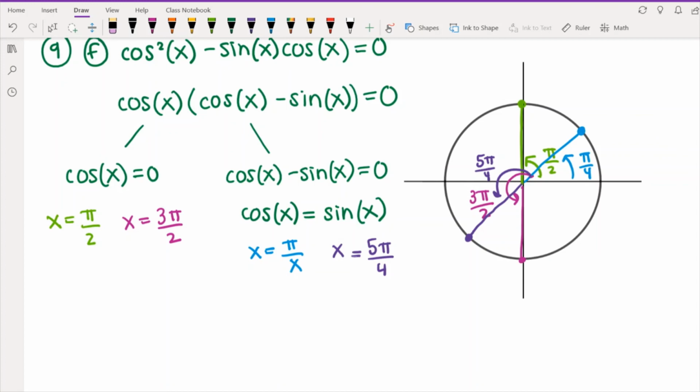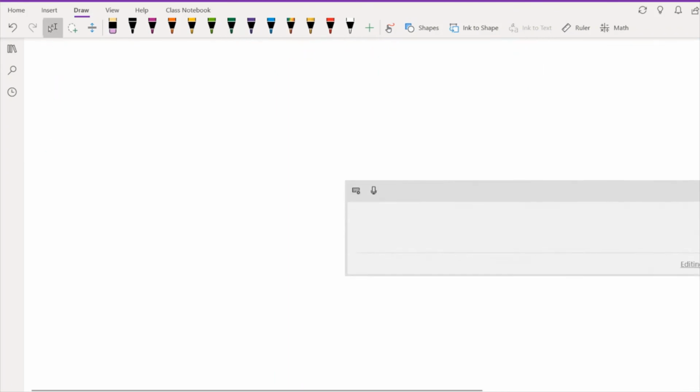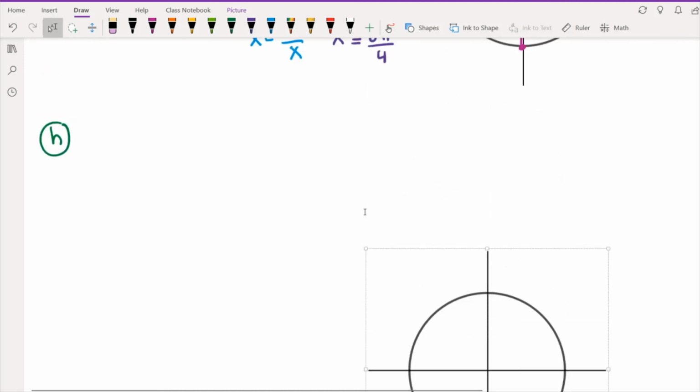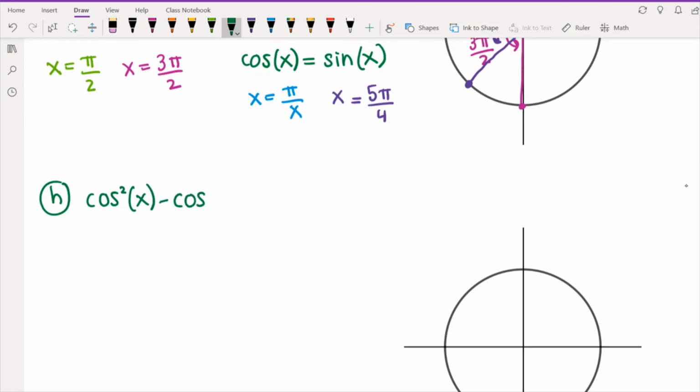All right, so there was also a request for part H. So H is asking us, and let me just grab another unit circle. For H, we're trying to solve cosine squared of x minus cosine of x minus 2 is equal to 0.